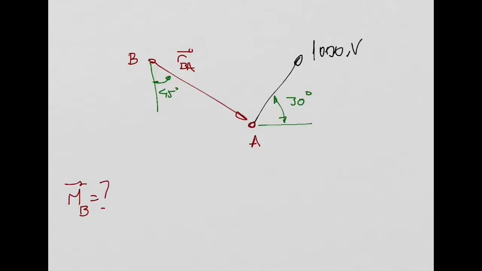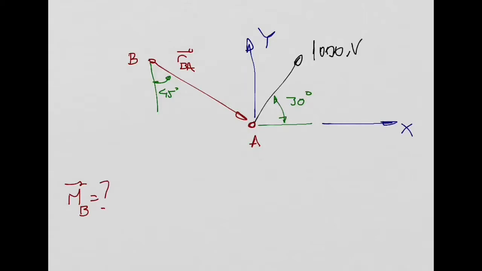And then I need a coordinate system. Let's say this is my x direction, this is my y direction. A generic problem in 2D: the force vector makes 30 degrees with the horizontal direction, for example. The position vector connecting point B with point A makes 45 degrees with the vertical direction, y.